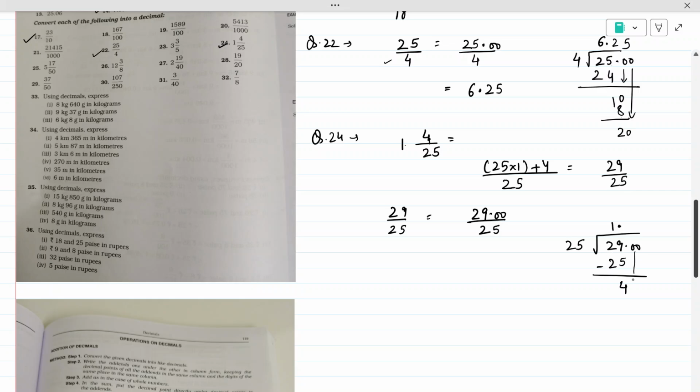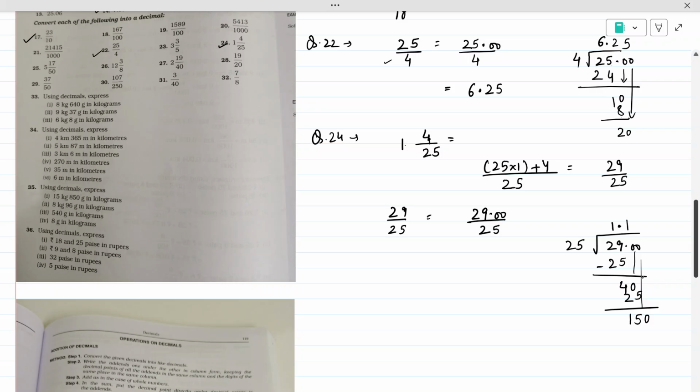Okay, so again I'm taking 0 here. So this will be 25 into 1 is 25 again. This will become 15. Okay, and now this 0 is going to come here. So we now have to divide this 150 by 25.